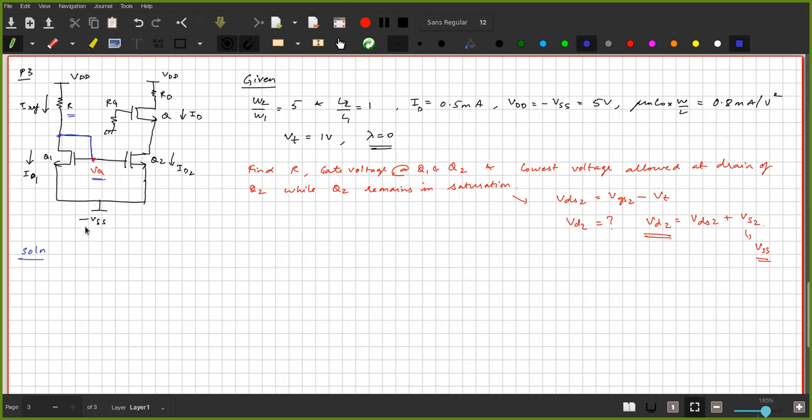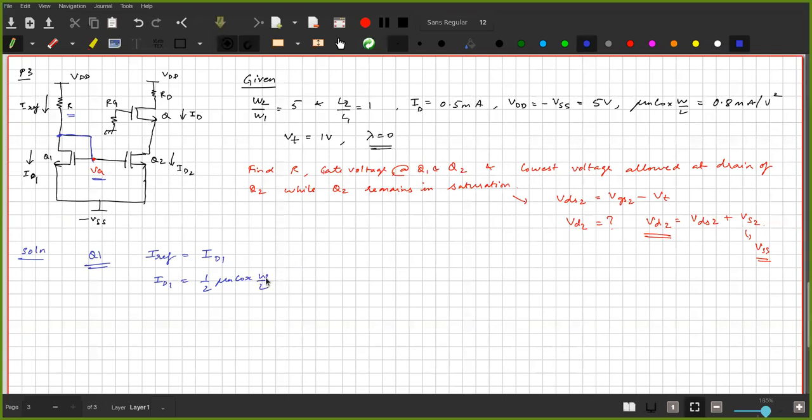Okay. So first, let us look at Q1. In Q1, you know that I reference is ID1. And ID1 is half mu1 COX W by L times (VGS1 minus VT) whole square.